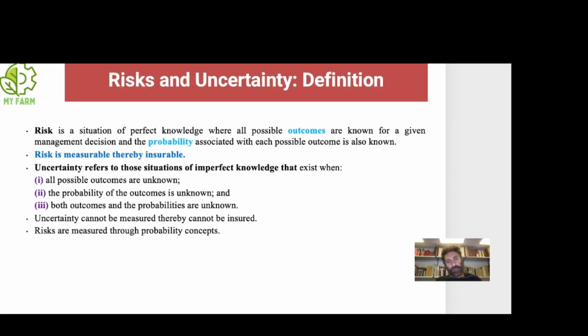So risk is a very clear definition of all states of the world that are measurable. Uncertainty, on the contrary, refers to all situations where we don't have perfect knowledge. So all possible outcomes are unknown, and the probabilities of the outcomes are unknown. Both outcome and probability are unknown. What does it mean? It means that uncertainty cannot be measured, differently from risk.